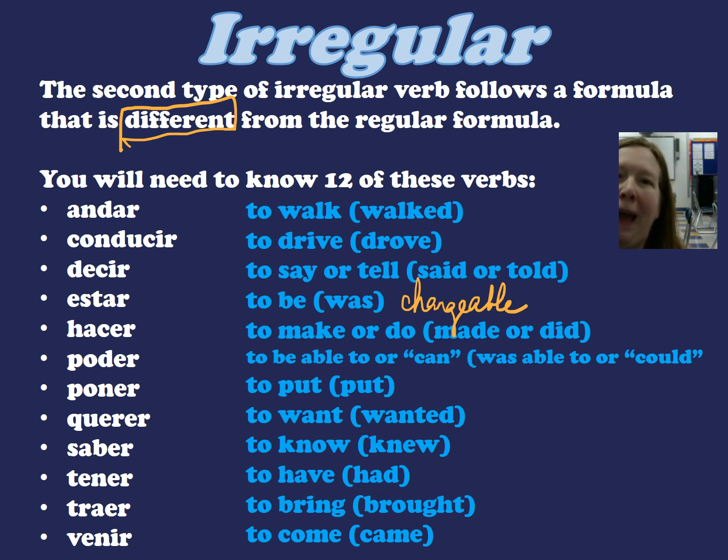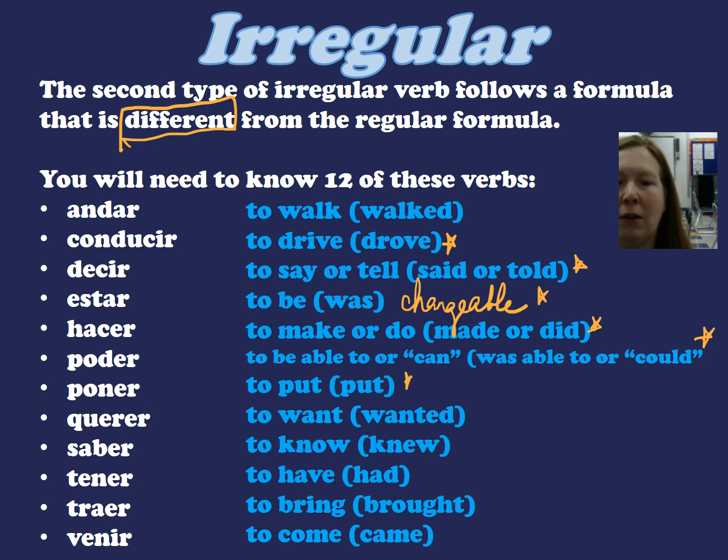Now, if you look at the past of these in English, you may notice that many of these are irregular in English as well. So, walked is not. It is regular in English, has an ED, but drove is irregular, said and told are irregular, was is irregular, made and did are irregular, was able to, could, irregular.